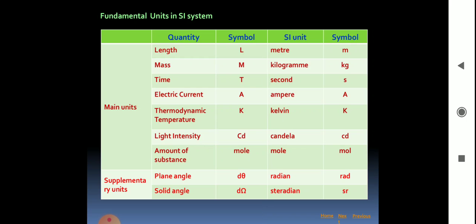Solid angle, d omega, SI unit steradian, symbol sr. These are the 2 supplementary units. How many fundamental units do we have? 7. What are the 2 supplementary units? Radian and steradian. We have many derived units.